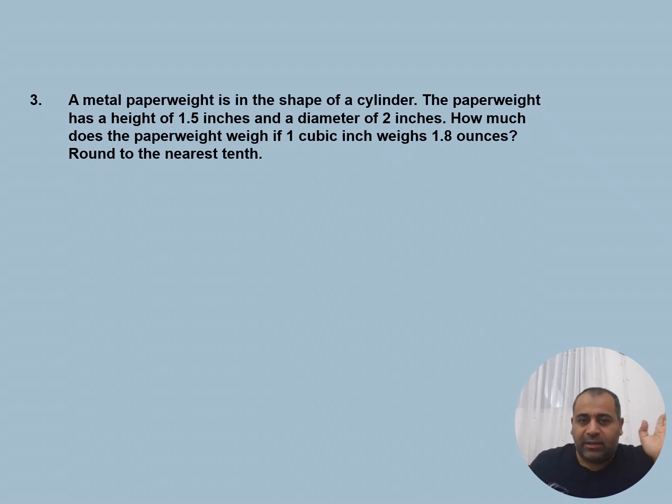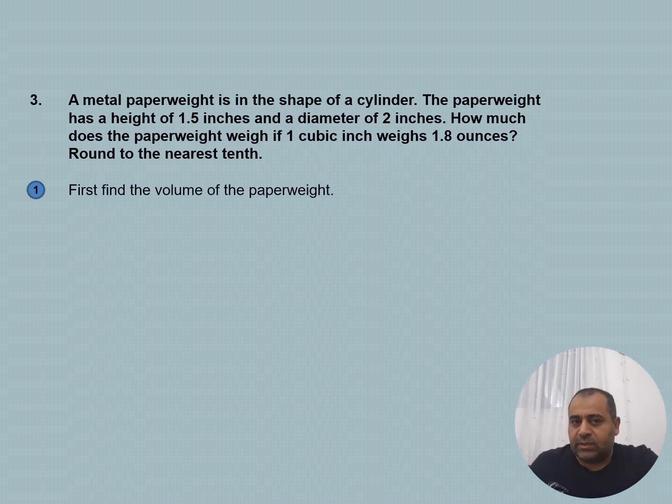How much does the paperweight weigh if 1 cubic inch weighs 1.8 ounces? Round to the nearest tenth. So what shall I do here? First, find the volume of the cylinder as normal.